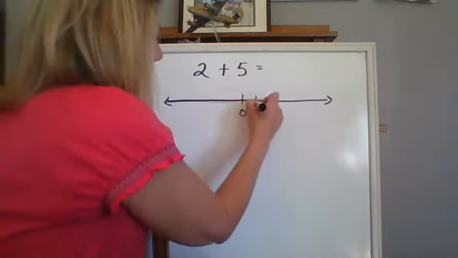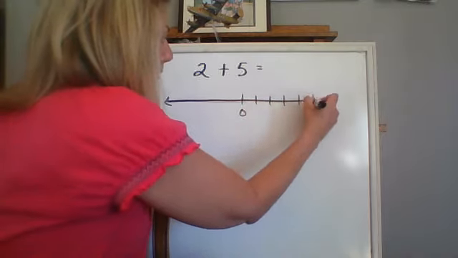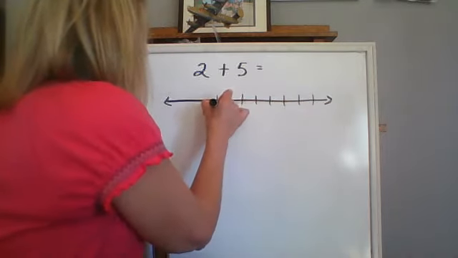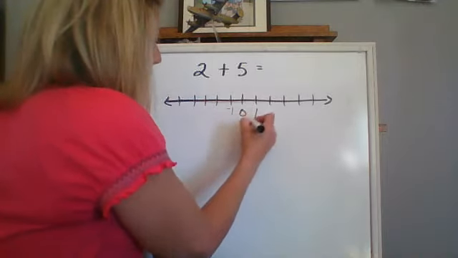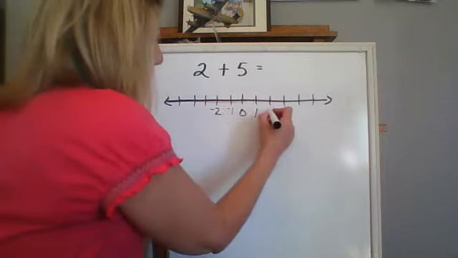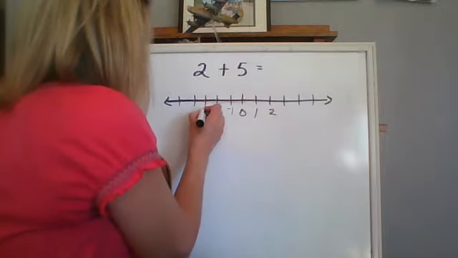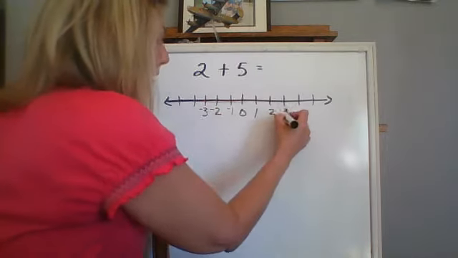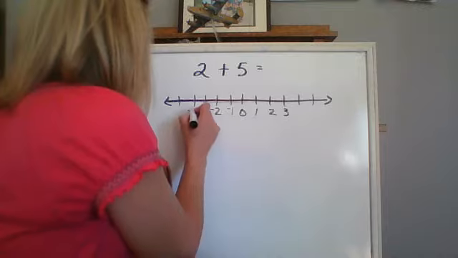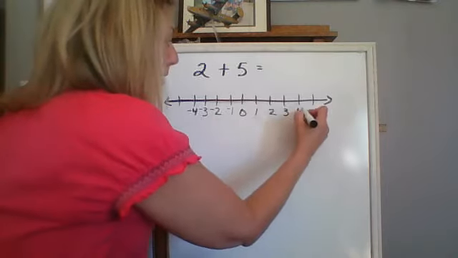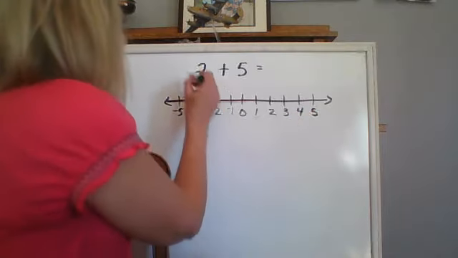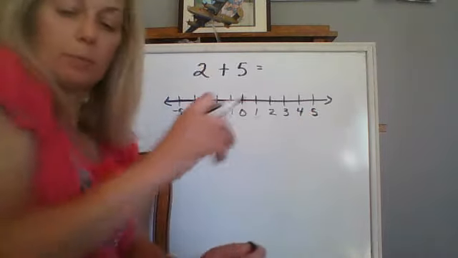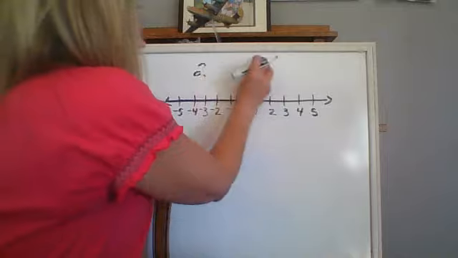So we've got 0, 1, 2, 3, 4, 5, and -1, +1, -2, +2, -3, +3, -4, +4, -5, +5. Okay, and I'm going to make these negative. I'm going to do 2 different numbers.